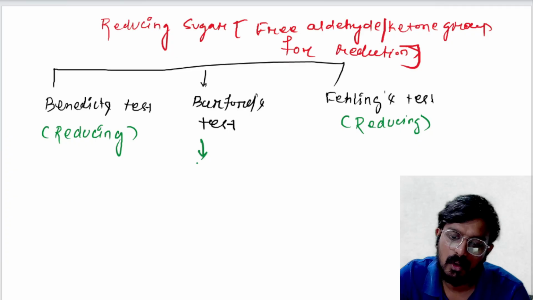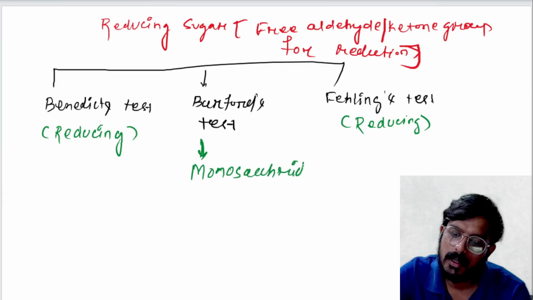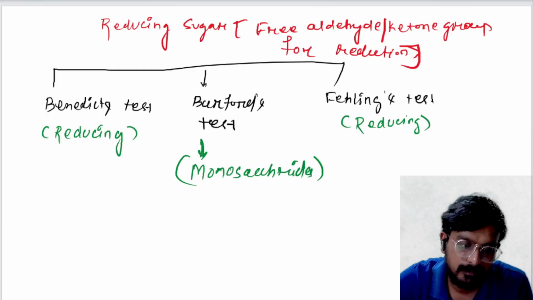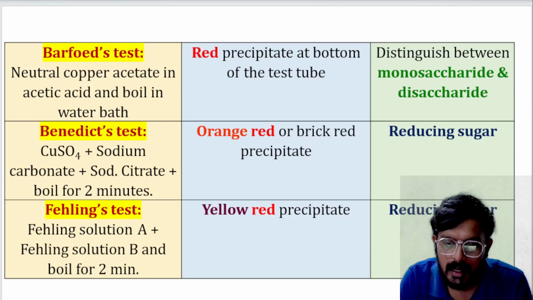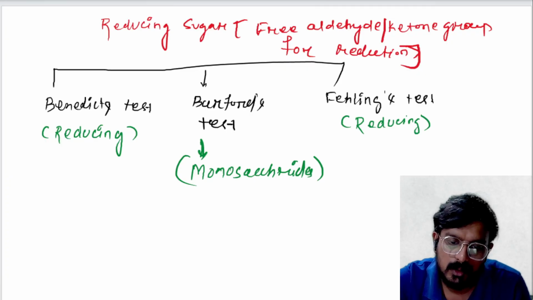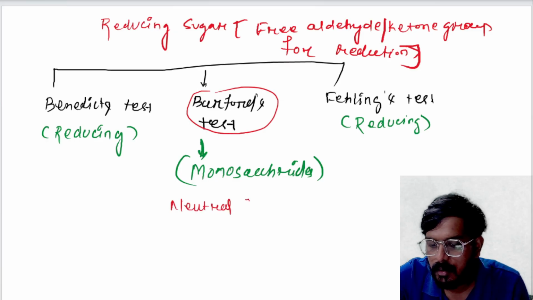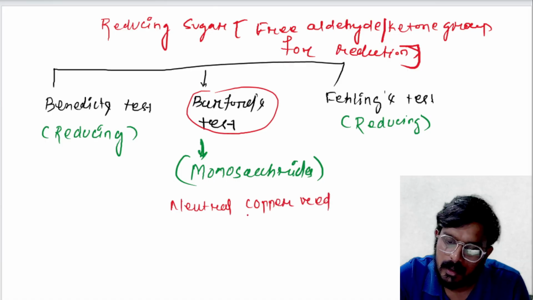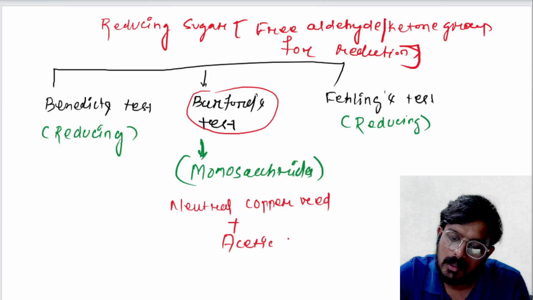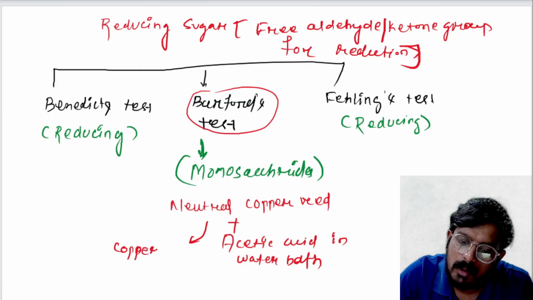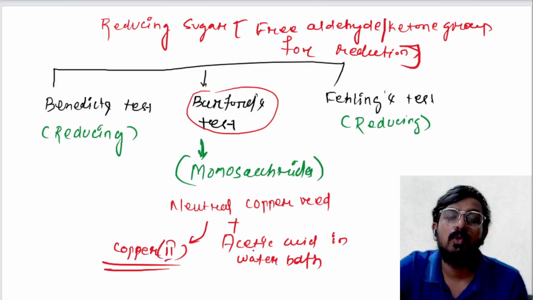Barfoed's test is for identification of monosaccharides, to distinguish between monosaccharide and disaccharide. What is Barfoed's test? When neutral copper acetate reacts with acetic acid in a boiling water bath, it produces copper ions.